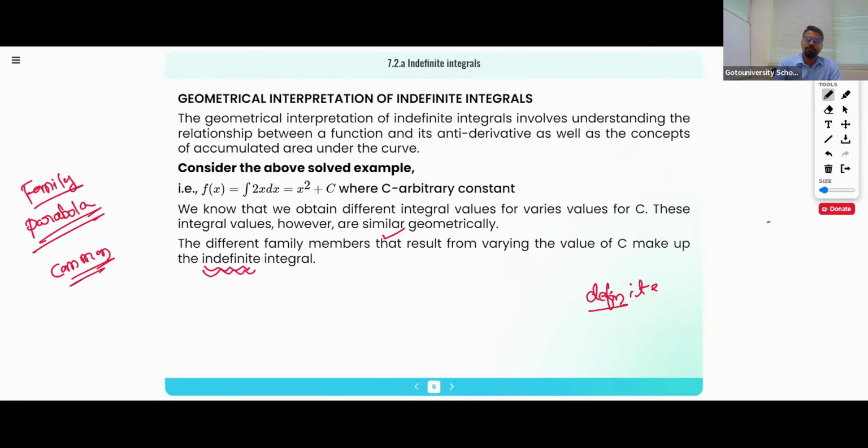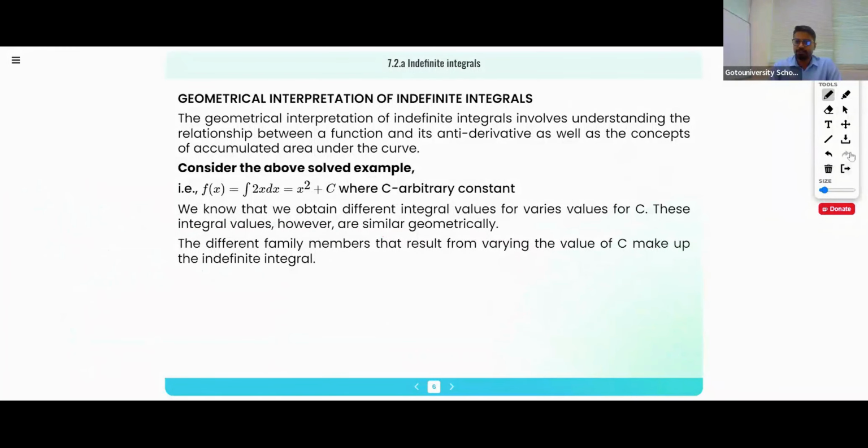By not knowing c, we will not be able to understand which particular curve it is, but we know the general family of curves to which that integral belongs. Okay, I think that much introduction to indefinite integrals is enough for us. Let's try to solve some examples.